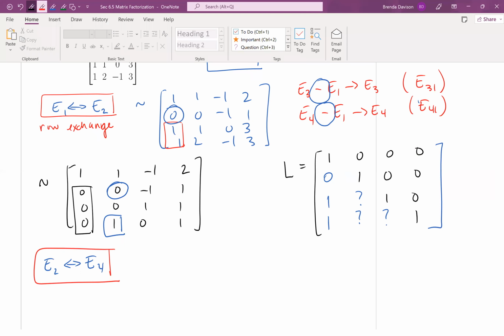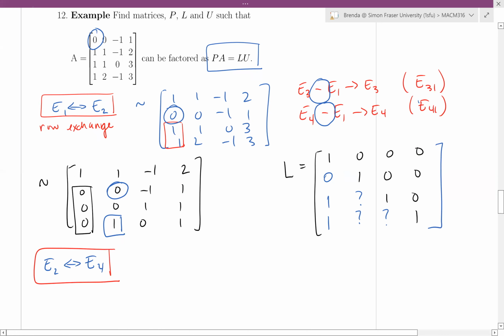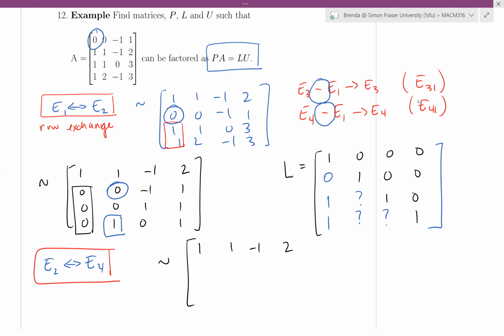If you lose track of this, that's why you get super happy to have that. Okay, so I go ahead and do that. That will then be 1, 1, 1, 1, 2, 0, 1, 0, 1, 0, 1, 1, 0, 0, 1, 1.